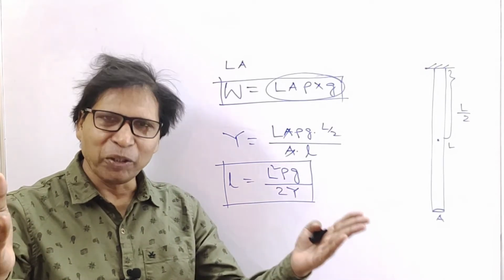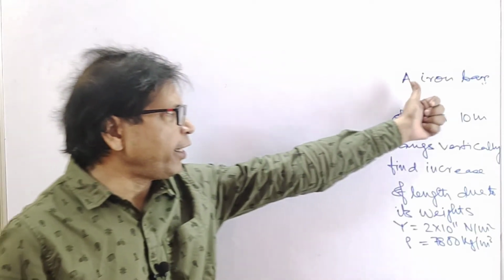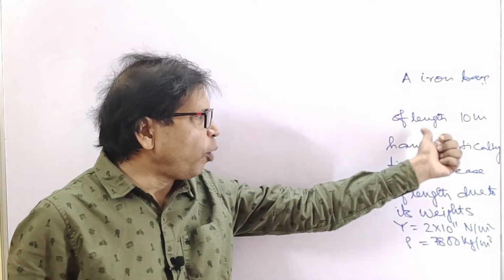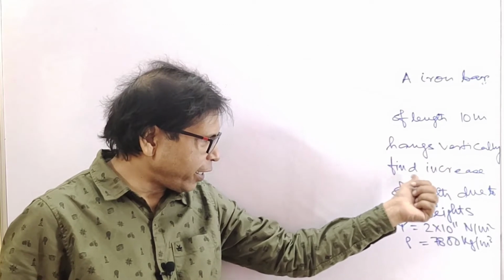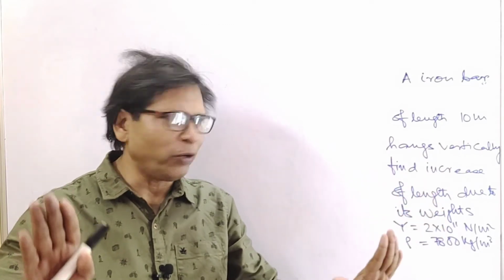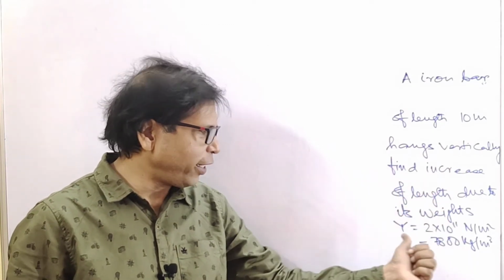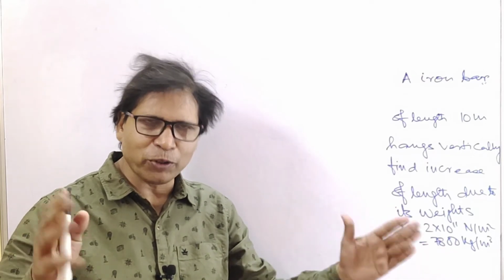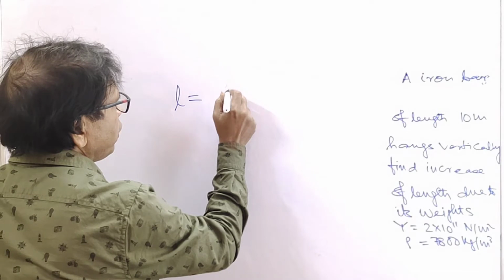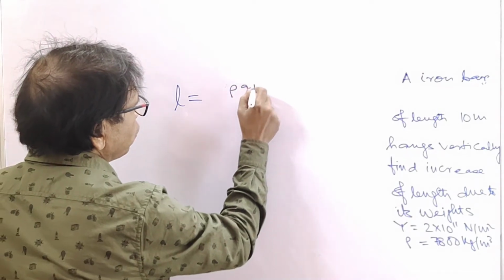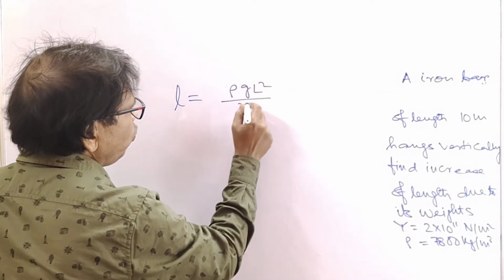Okay, now a numerical. An iron bar of length 10 meter hangs vertically. Find the increase of length due to its own weight. Y and the density of the material are given. Elongation due to own weight l equals rho g L square divided by 2Y.